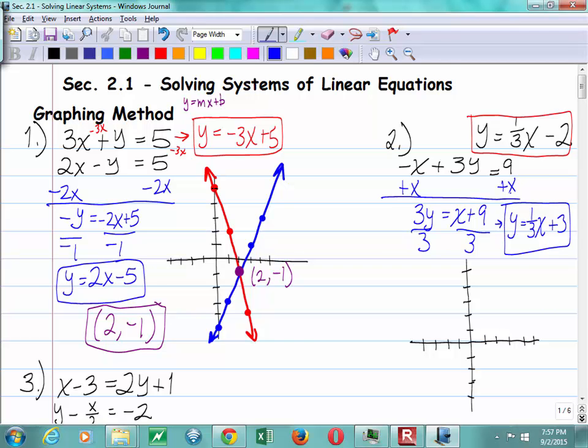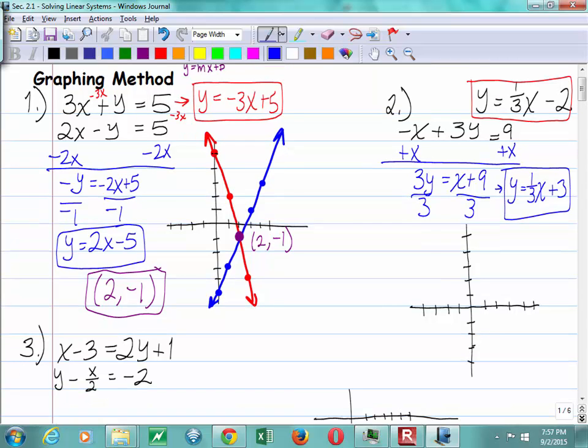Okay, so the first equation has a y-intercept at negative 2, and it has a slope of 1/3, so I'm going to go up 1 and over 3. And then the next equation has a y-intercept at 3, and it also has a slope of 1/3. So it goes up 1 over 3.